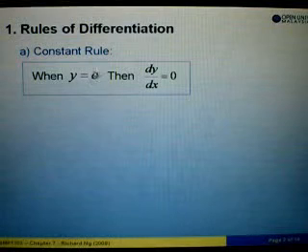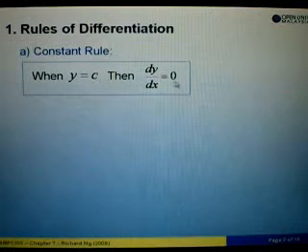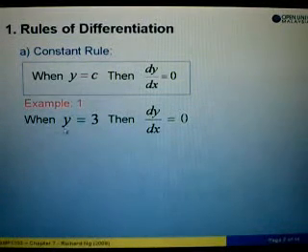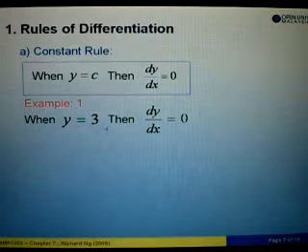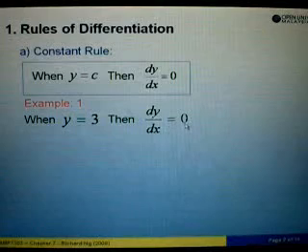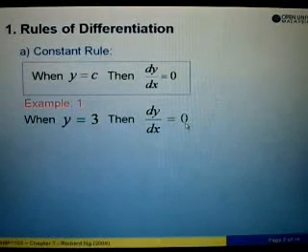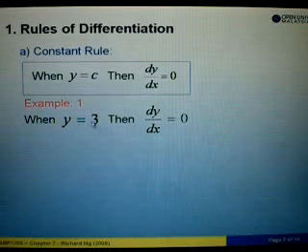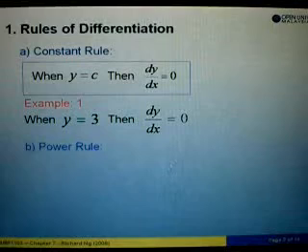For any constant or number, the answer is always equal to 0. Let's look at an example. When y equals 3, so 3 is a constant, then dy/dx equals 0. In other words, when we differentiate any number, the answer is always 0.